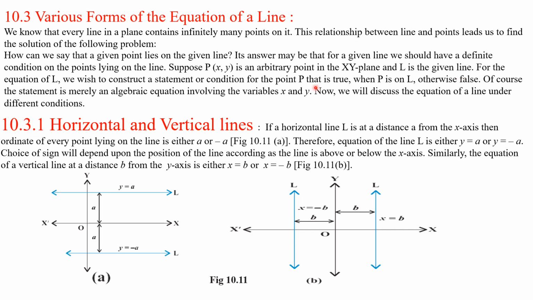For the equation of a line, we wish to construct a statement or condition for the point P that is true when P is on the line. Here we have to write the equation of a line, means we have to write a statement or a condition in terms of x and y.